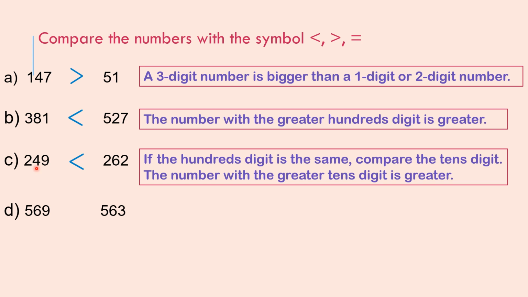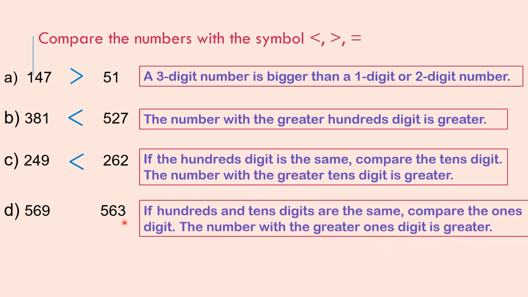Coming to the next one, 569, 563. When we compare both these numbers, the rule here is if hundreds and tens digit are same. So here 5 6, 5 6, both hundreds digit and tens digit are same. Then what do we do?